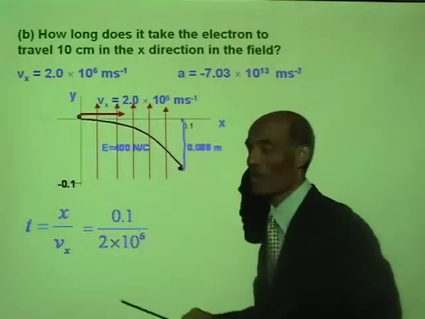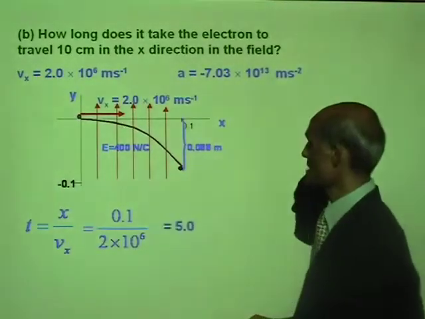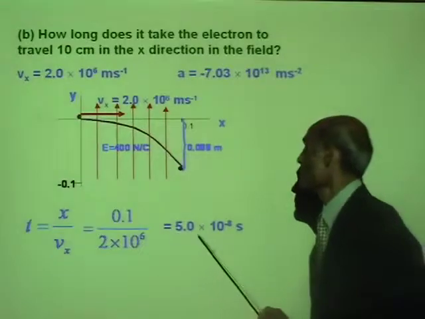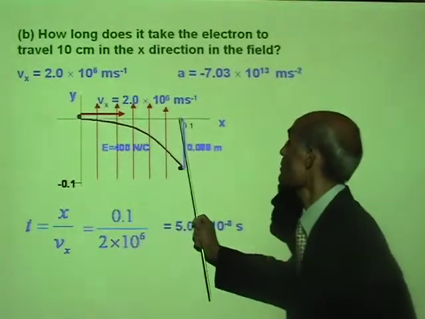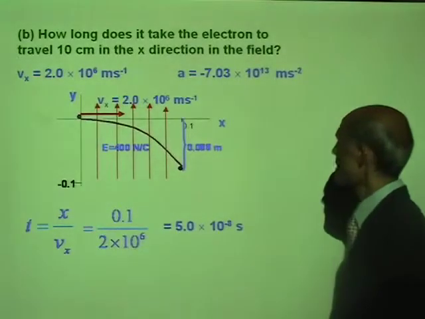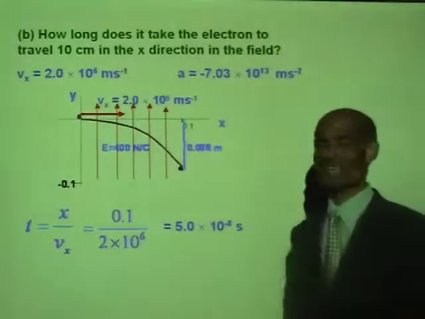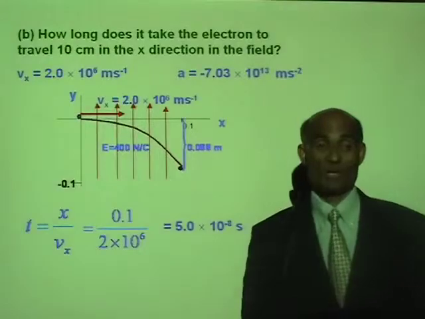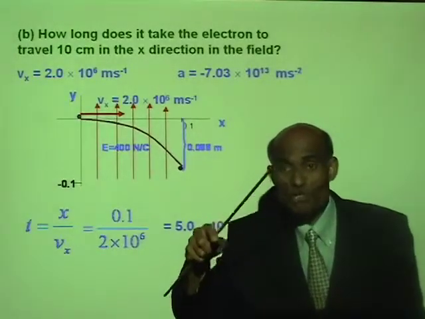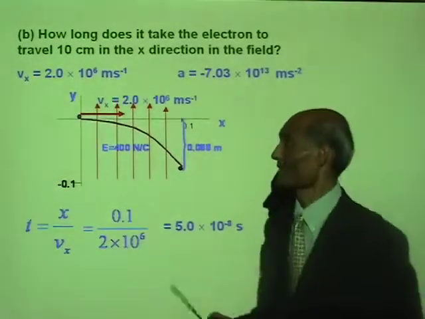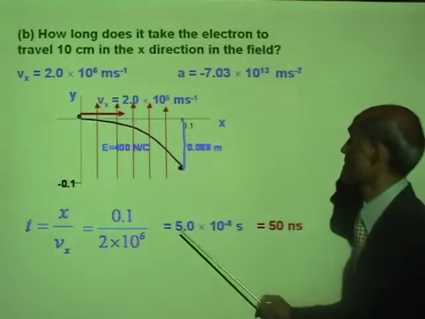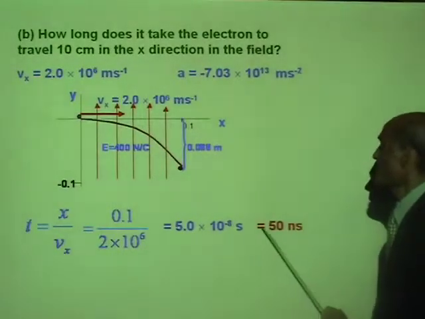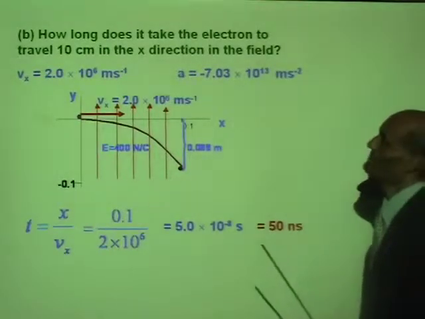The horizontal velocity we know is 2 times 10 to the 6th. Therefore, the time taken for the electron to travel that horizontal distance is 5 times 10 to the negative 8 seconds. Now, during that time, the electron is also falling. And therefore, we can now do the next part. Well, I wrote that time as 50 nanoseconds.